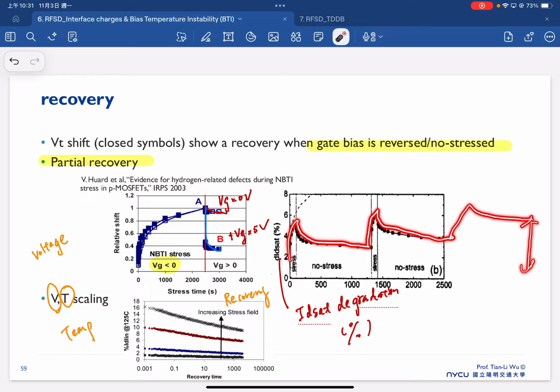So in the end, you get a permanent threshold voltage shift, and that will cause internal problems, because our threshold voltage is no longer the same as the flash we have, and it will also become very difficult for modeling and prediction.